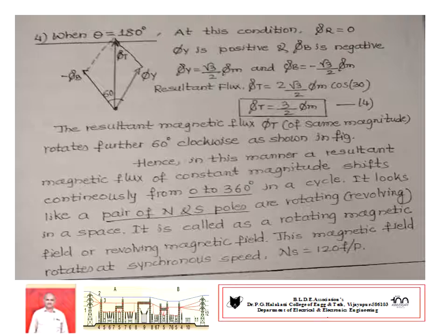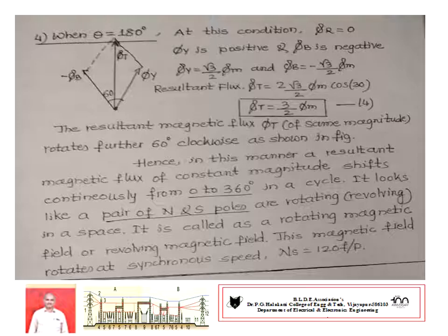Phi t remains the same at the different instants of time, but it continuously shifts very fast with respect to time in one cycle. Hence it is called rotating magnetic flux, rotating magnetic field. It looks just like one pair of north and south poles rotating. Hence this concept is termed the rotating magnetic field or revolving magnetic field concept.